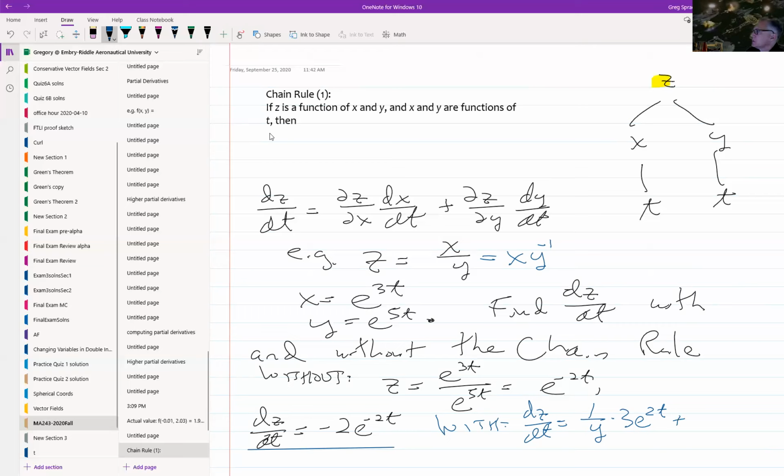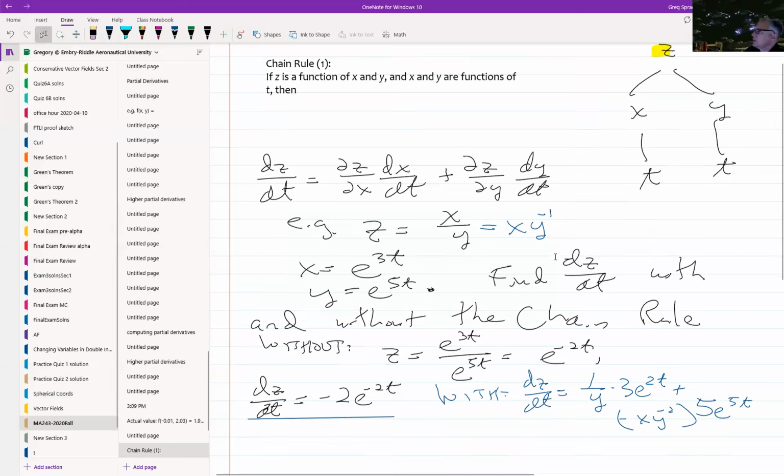So del z del y is negative xy to the minus 2. And dy dt is 5e to the 5t.